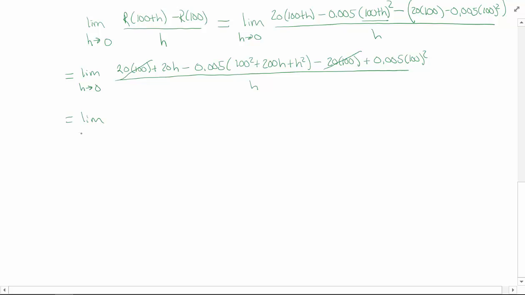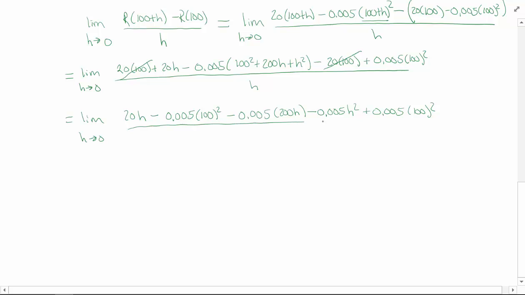This is the limit as h approaches 0 of 20h minus 0.005 times 100 squared minus 0.005 times 200h minus 0.005h squared plus 0.005 times 100 squared, all divided by h. From here we'll notice that this term and this term add up to 0 again, and then every single term we have left up in the numerator has an h in it.